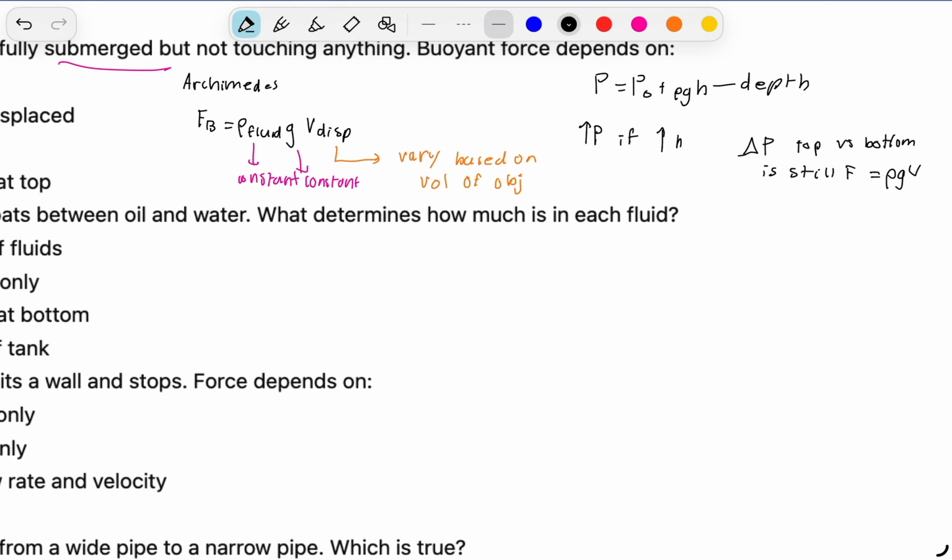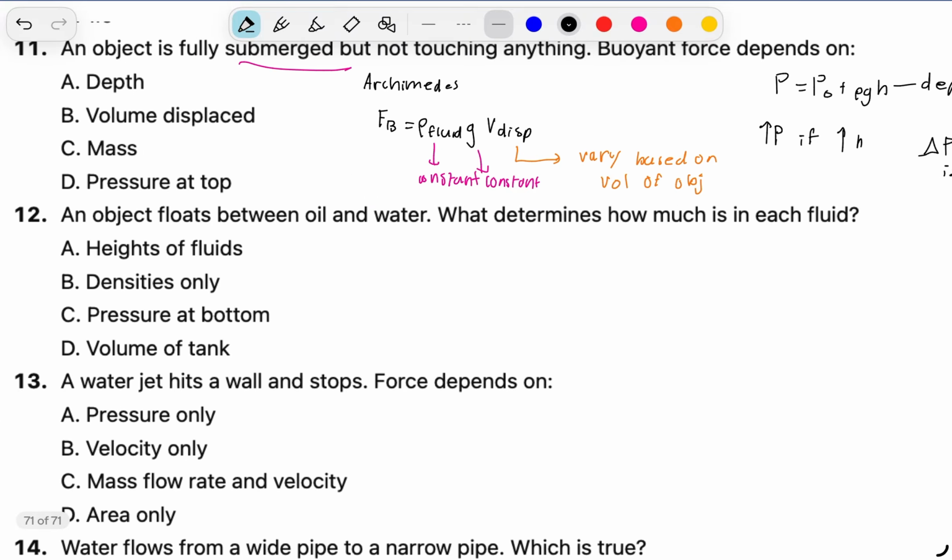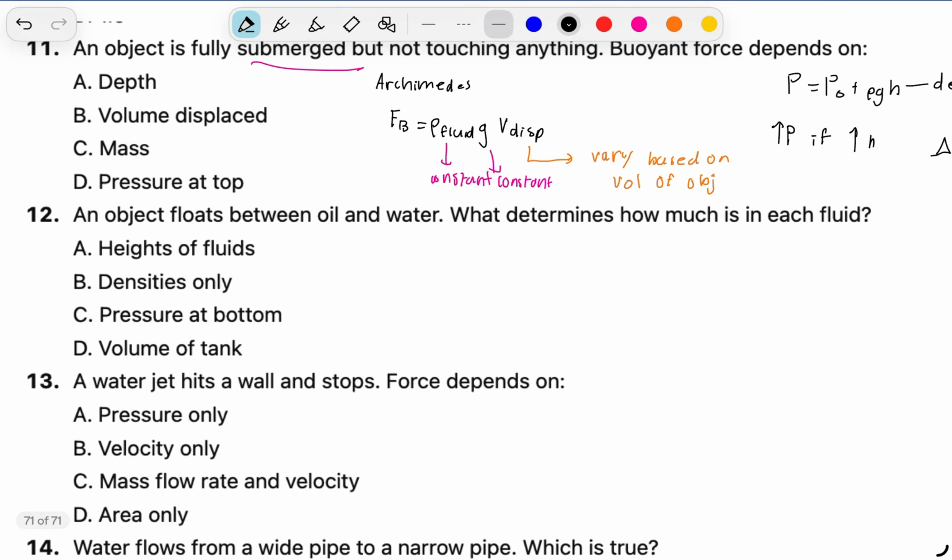So that means our buoyant force, FB, is going to be independent of depth, since V doesn't involve H, our depth. So FB is independent of the depth.